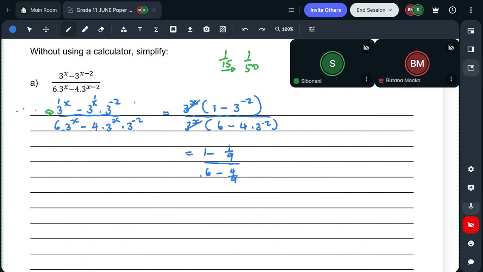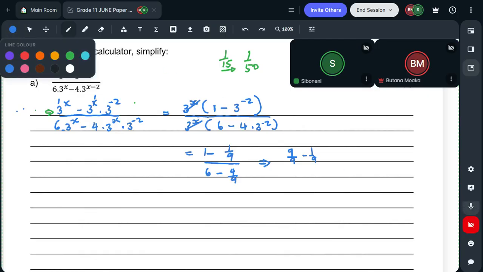Because they said simplify without using a calculator, I need to take this step by step, okay? You understand? Yes. Are you still with me? Yes. Okay. So the top part, when I work out the top part, this will be 9 over 9 minus 1 over 9. So I can just write this as 9 minus 1 over 9.